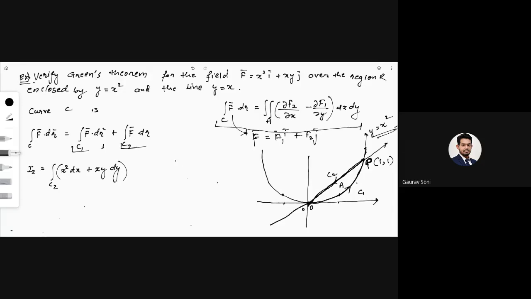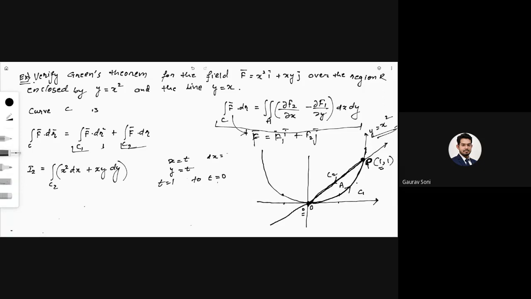So if we put x equal to t, you'll get y is also equal to t. What is the value of x going from this point P to the origin? At the point P, the value of x is 1, and at the origin, the value of x is 0. So t is running from 1 to 0.